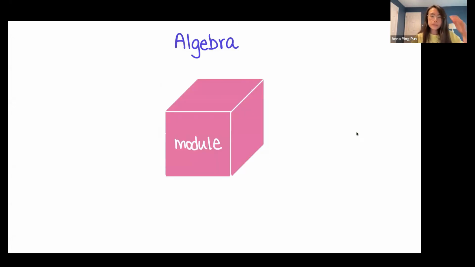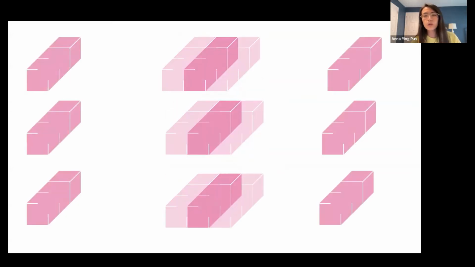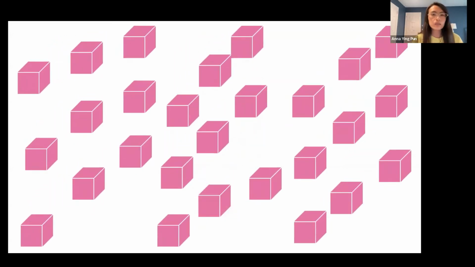So I'm going to talk about what people in algebra sometimes look at. One of the things people usually look at is: I have a module and I want to break it down into smaller pieces until I cannot. These are like atoms, so you want to break it down into these irreducible blocks.